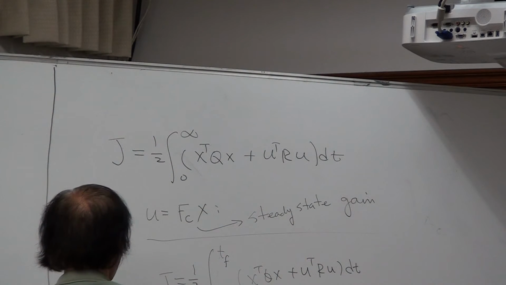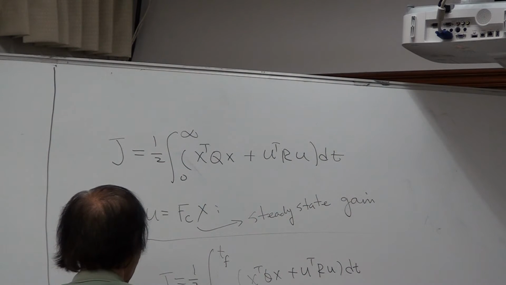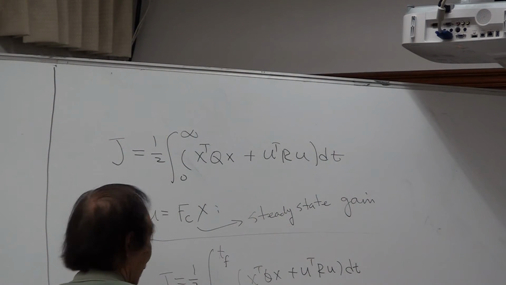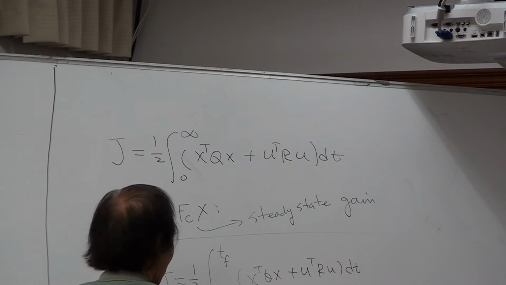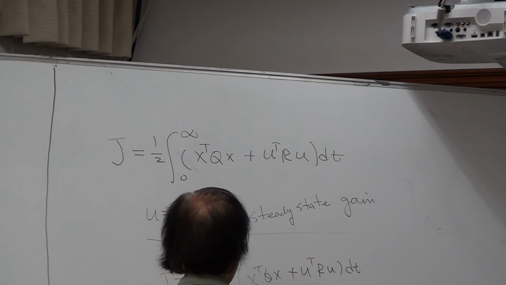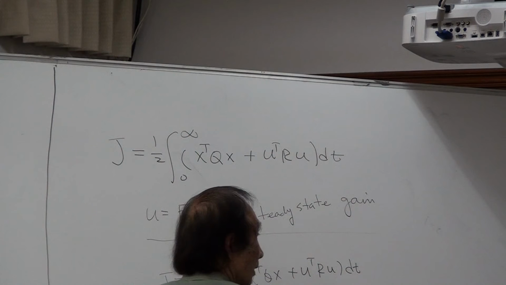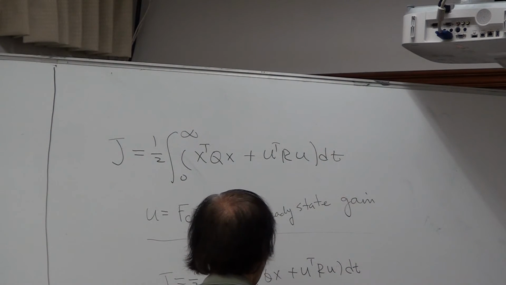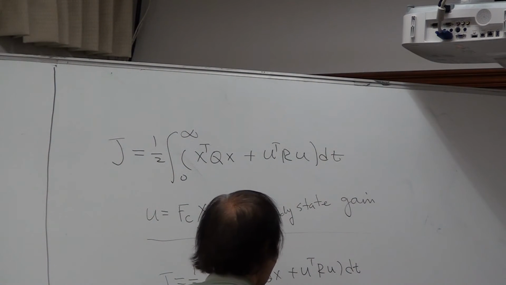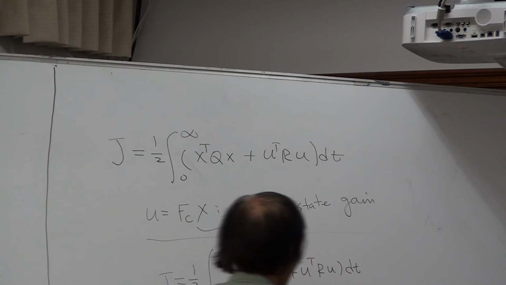P dot, plus Ac transpose P plus P Ac minus P Bc R inverse Bc transpose P plus Q equal to 0.